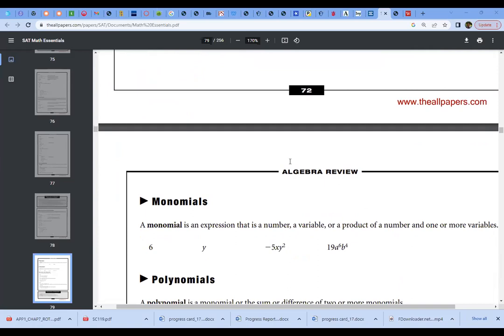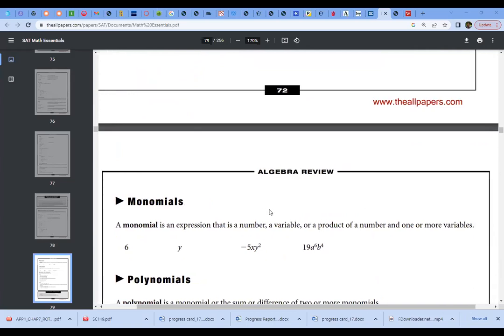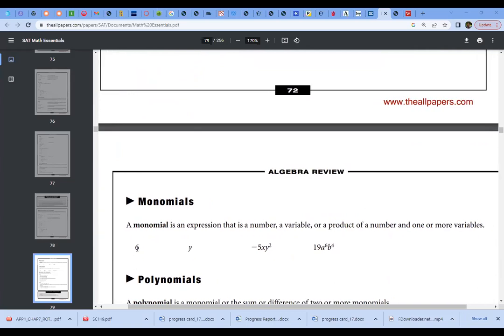Monomial. A monomial is an expression that is a number, a variable, or a product of a number and one or more variables. So 6 is a monomial. Y is a monomial.